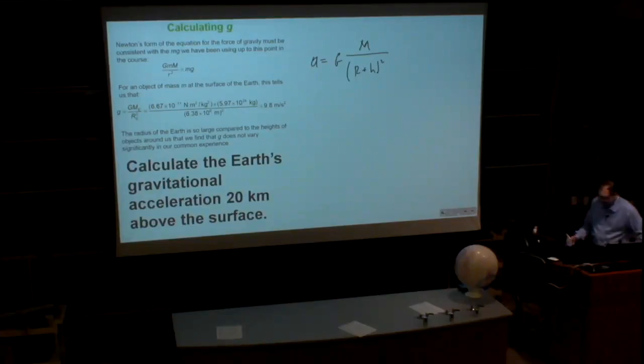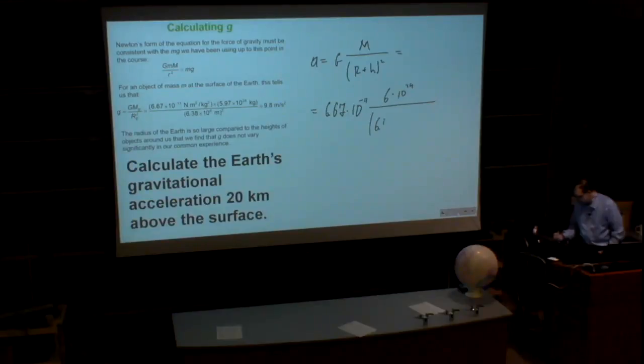And now distance has two parts, the radius of the Earth and the altitude. So we just have to plug in numbers: 6.67 times 10 to the negative 11. The mass of the Earth is about 6 times 10 to the 24th. The radius is about 6.4 times 10 to the 6th. And now we have to add 20 kilometers.